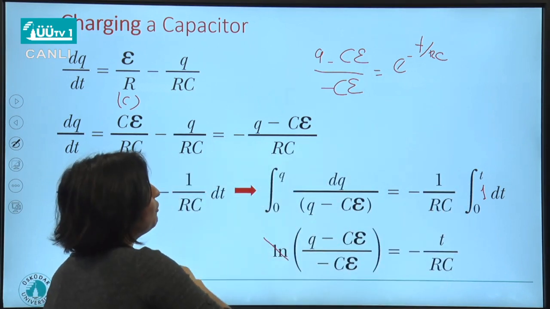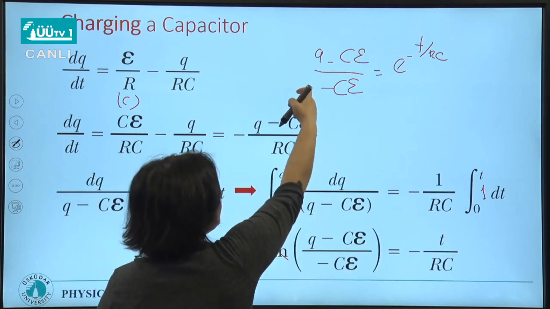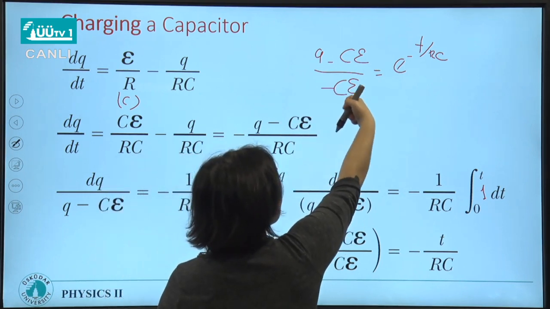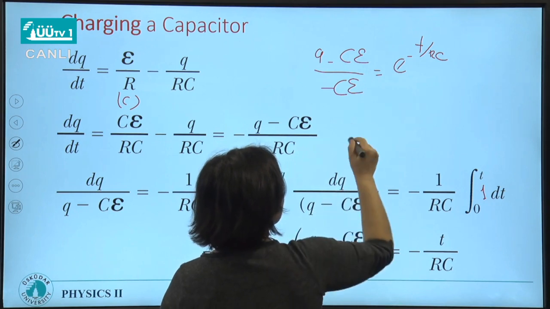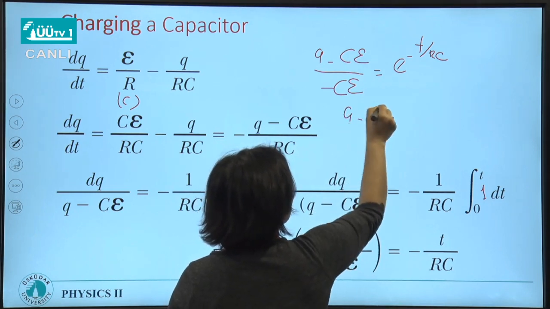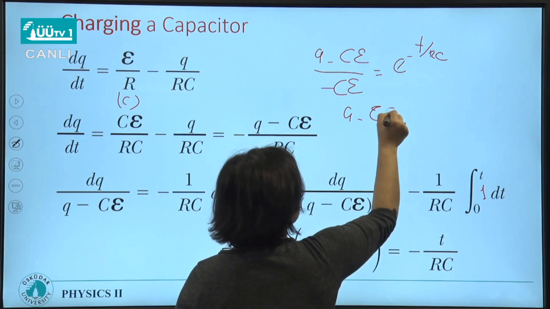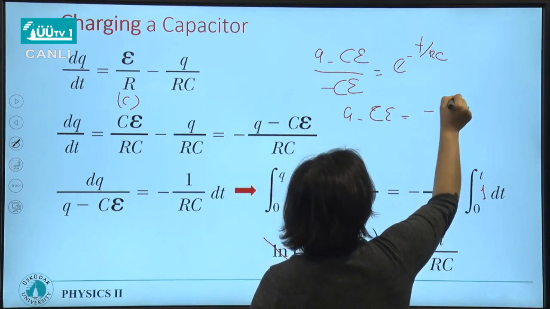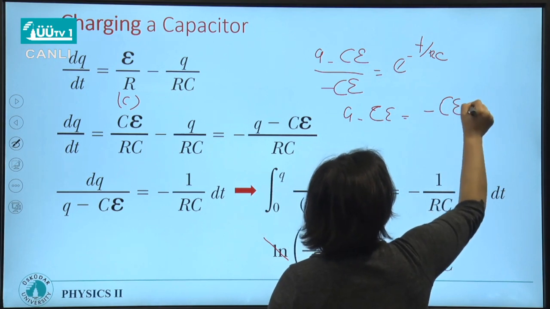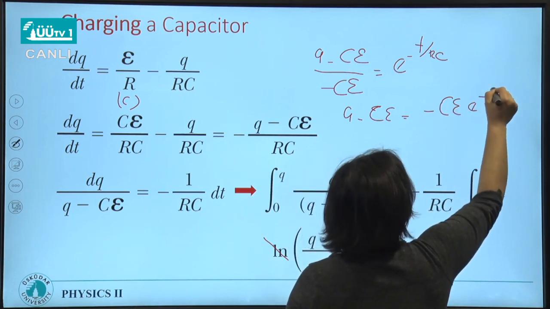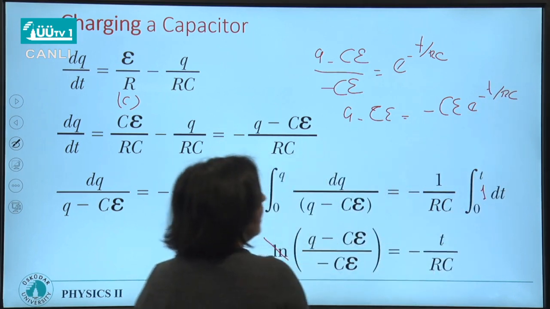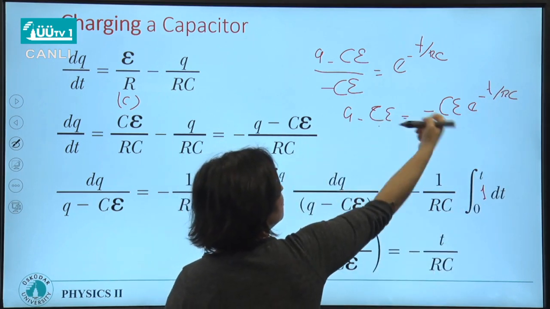Let's arrange this formula to obtain an equation for q. You can take minus c epsilon to the other side. q minus c epsilon will be equal to minus c epsilon times e to the minus t over RC, and get c epsilon to the other side.